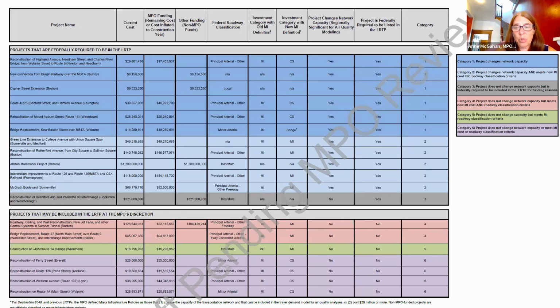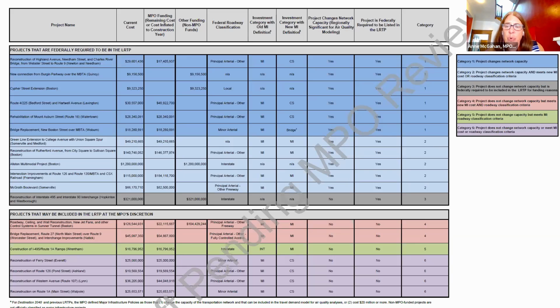It never really had to be included in the plan, but because it's on an express or on an interstate, it would now come into the fold because it met the roadway classification.